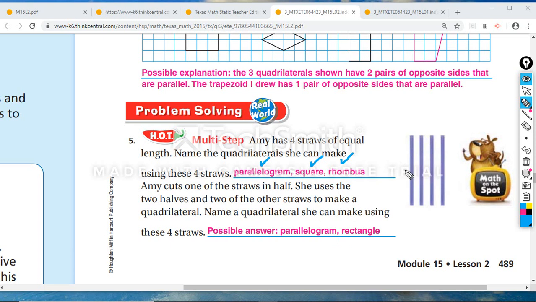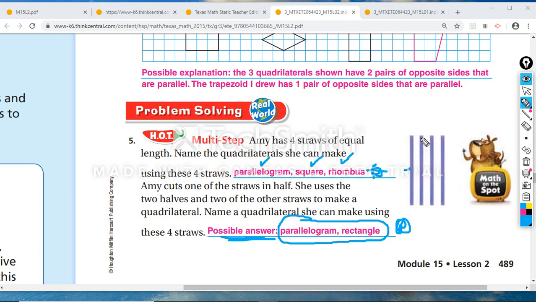And if she cuts this one in half and uses these two, she'll make a parallelogram and she can make a rectangle. Where it says possible answers, that means these are not all the answers you can have. So if you have questions, please ask me, but these are the most common answers that we get.